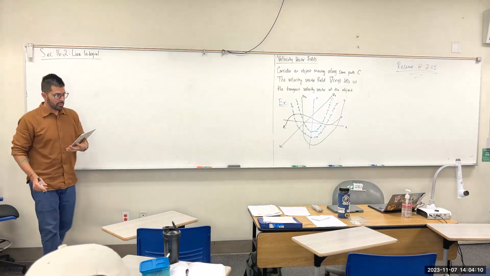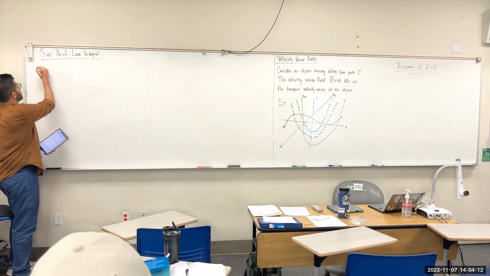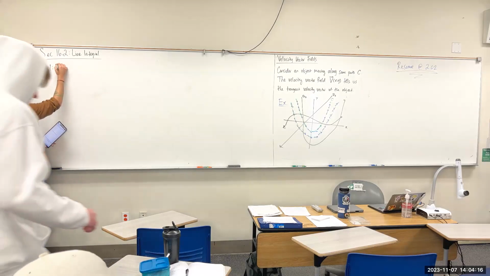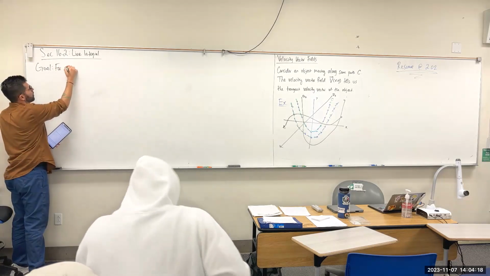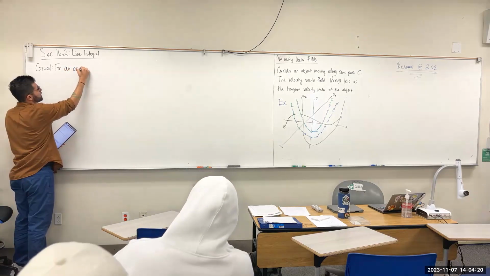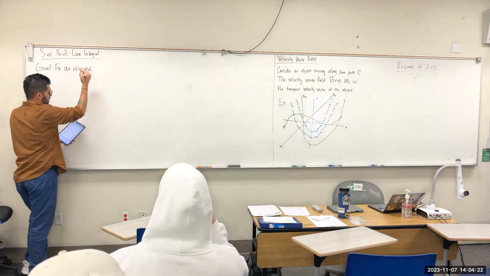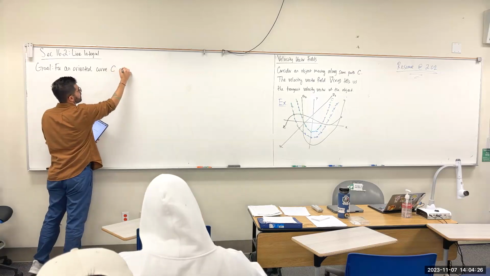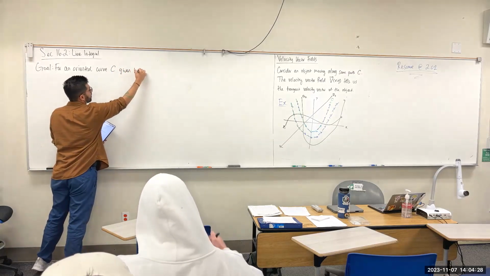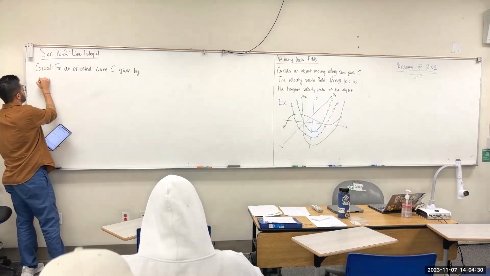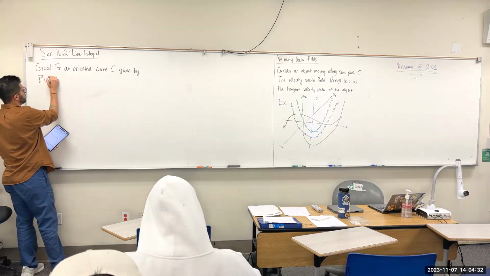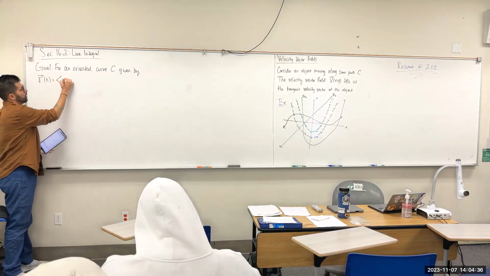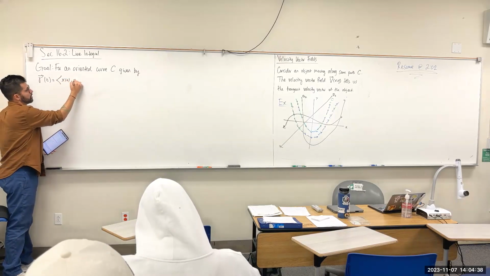All right, so here's the goal. We have a path, so for an oriented curve C given by a vector function R of t, like you did in chapter 13, where it has component functions x of t and y of t.